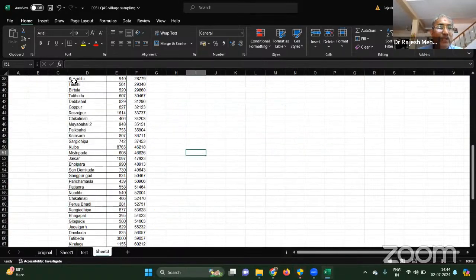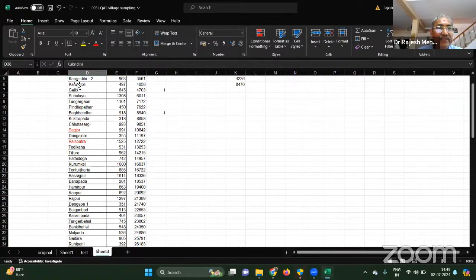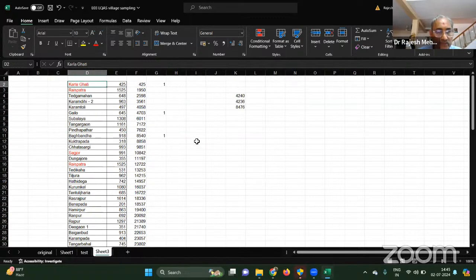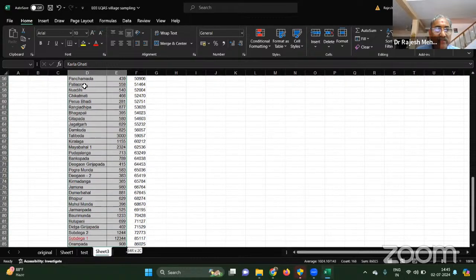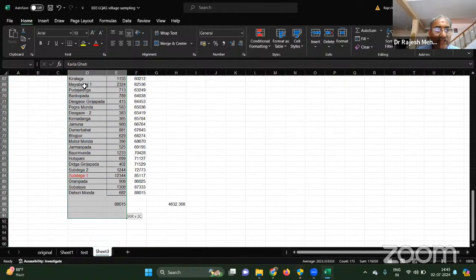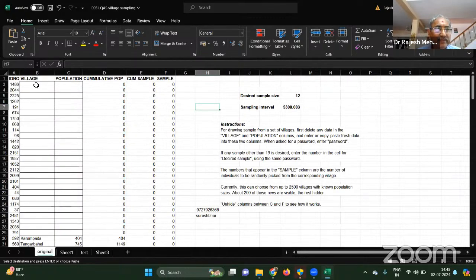So, suppose you have this many villages with you. This is your data, let's believe like that. Lot sampling is a very, very quick and very useful method. It's just Control C and very simple, absolutely simple.